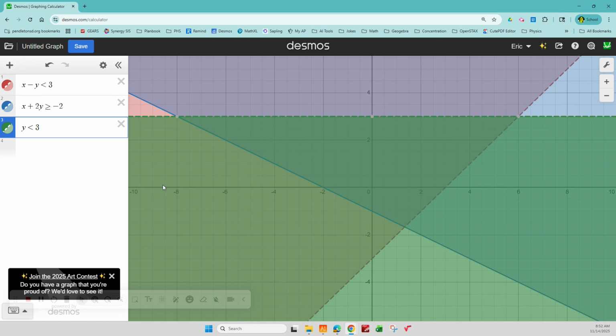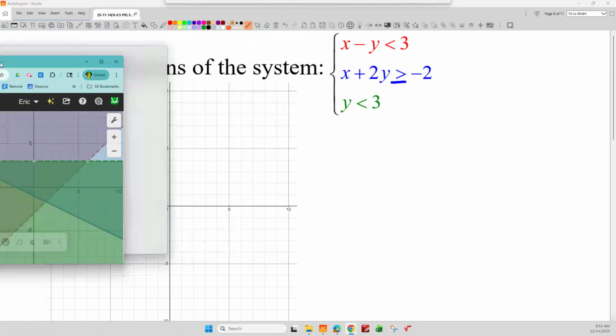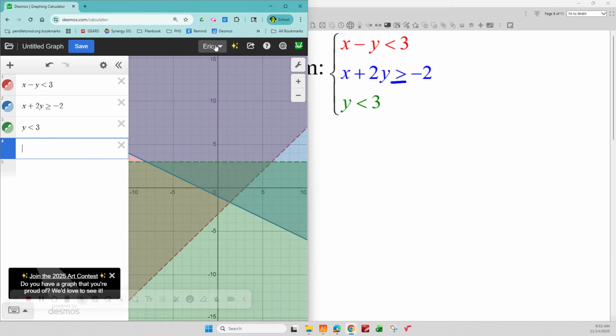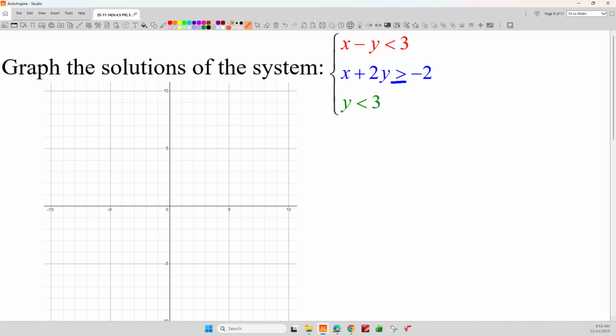All right. If I wanted to test an ordered pair, like what if I wanted to know, for example, is 3, 2 a solution?